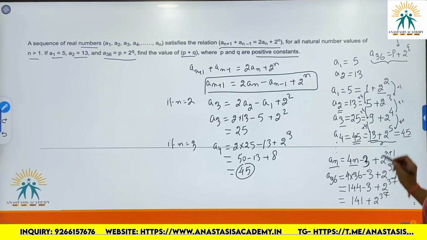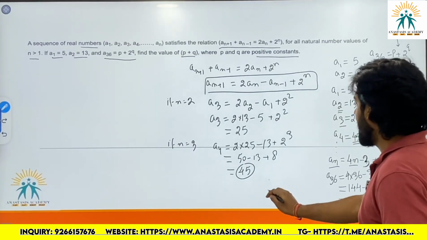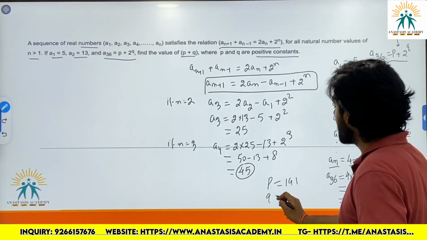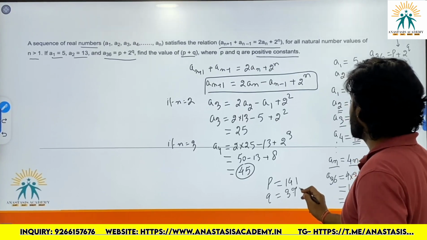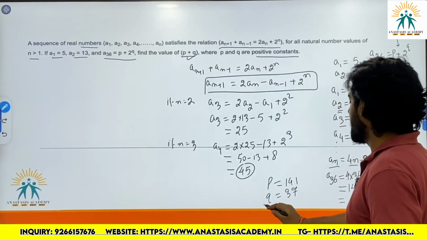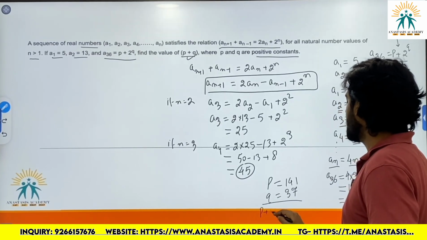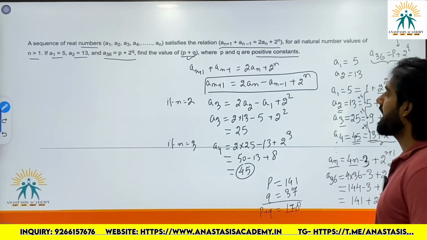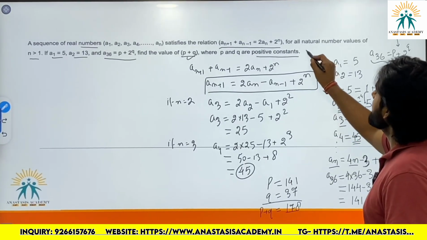And it is given as p + 2^q, where p and q are two positive constants. Comparing these two, I get p as 141 and q as 37. I need to find the value of p + q. So p + q becomes 178. The correct answer to this question is 178.